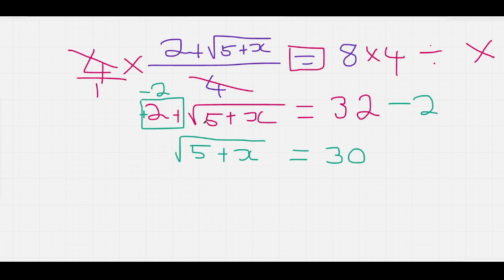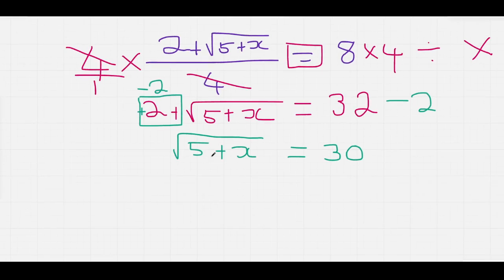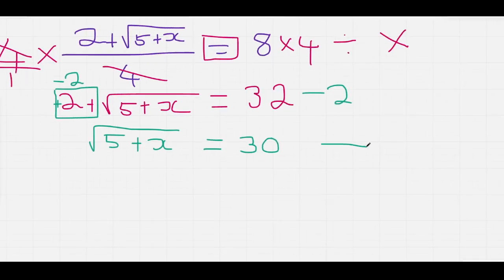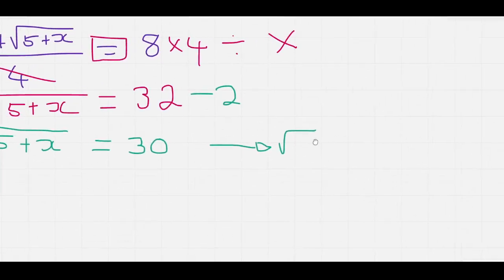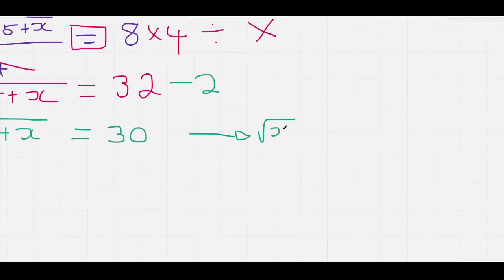Oftentimes people get confused by something like this, but don't worry. What is a square root? What is the operation of a square root, and what is the opposite operation of a square root? If we look at it, the opposite operation of a square root is a square. So a square will undo a square root.